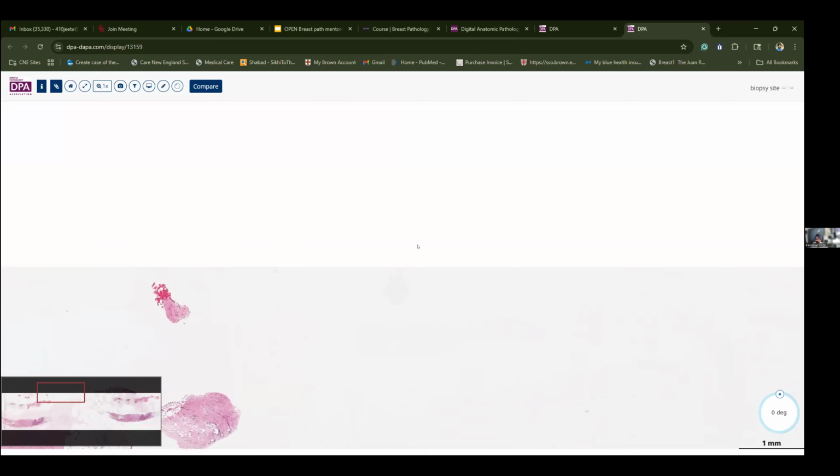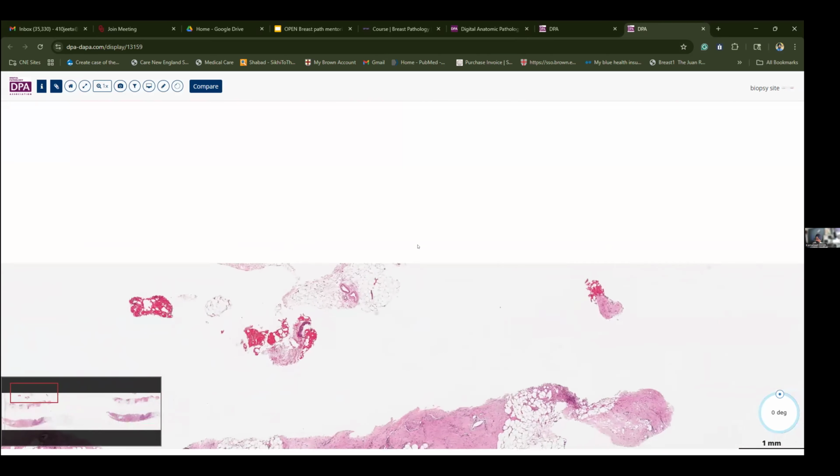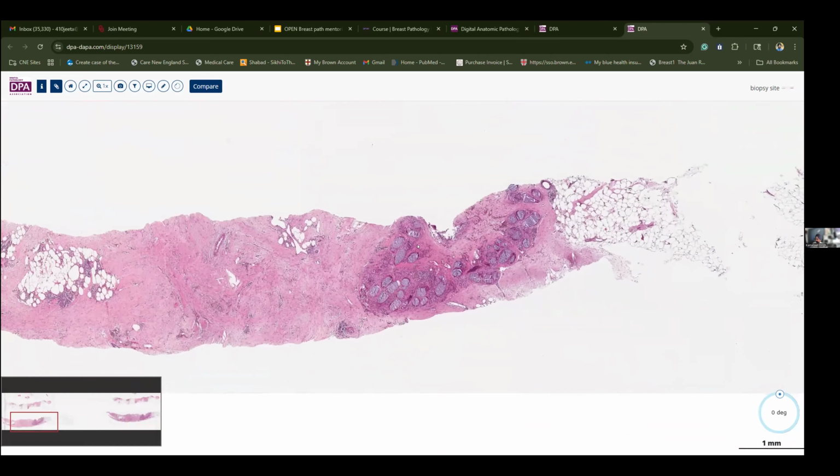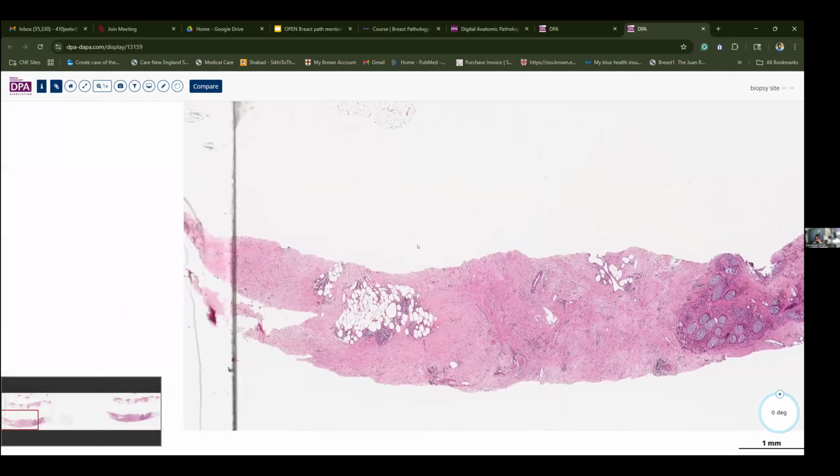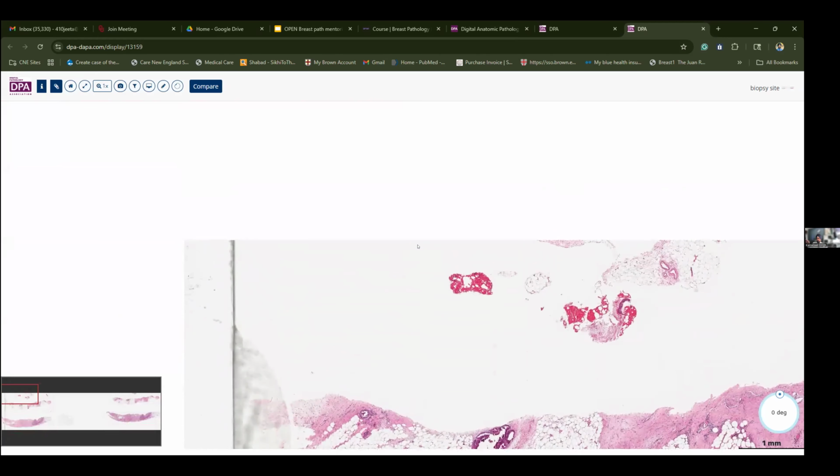So it's like a zigzag movement, which covers the entire slide. You want to make sure you are looking at the entire section and entire slide. So you do that for every slide. That's my way of looking at a slide, and it's important that you develop this reflex in the beginning.